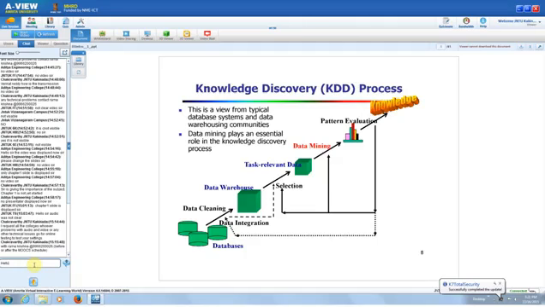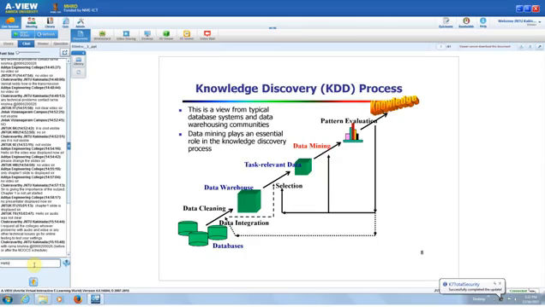So now I think 1001 questions arise in your mind, right? Looking at this: what is this database you are saying, cleaning and integration? The data in the database is an integrated one already, right? So what is the kind of integration? Why do you need cleaning?